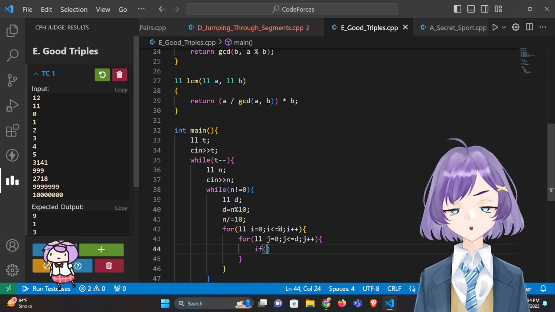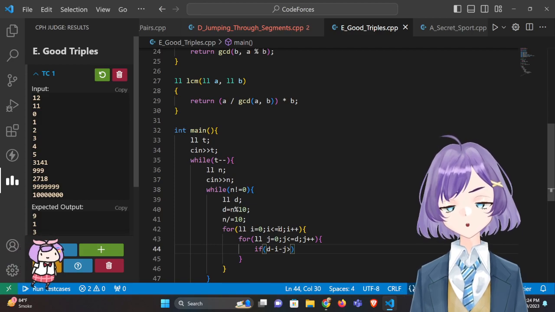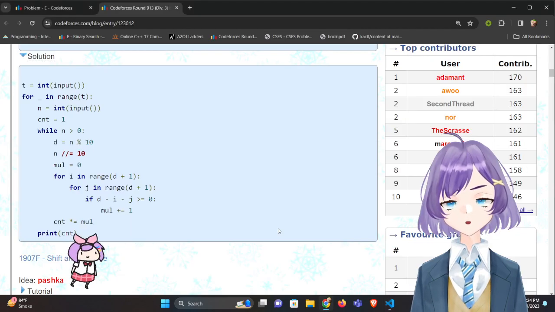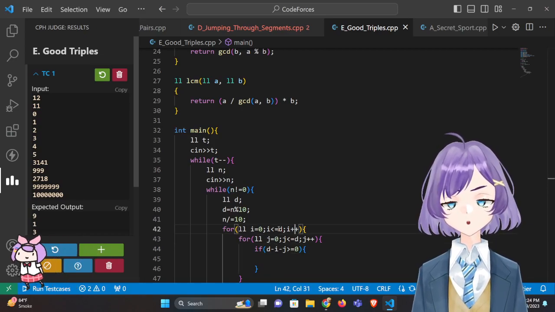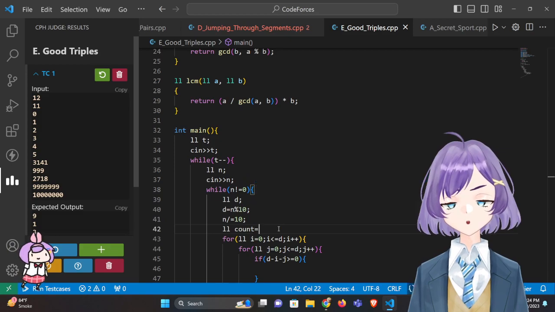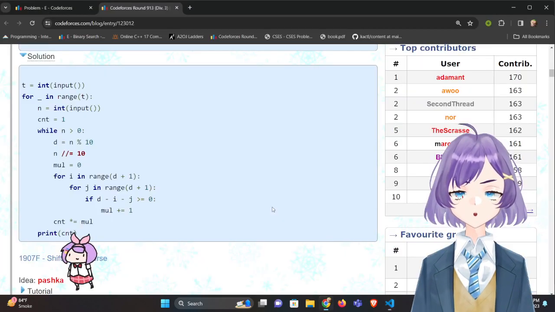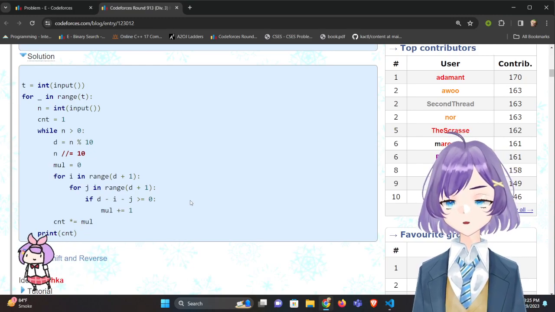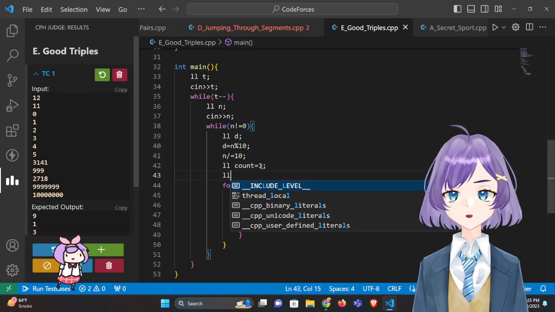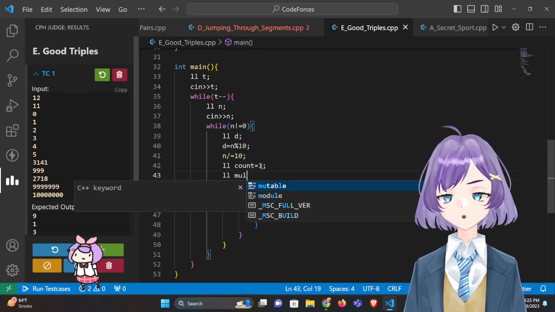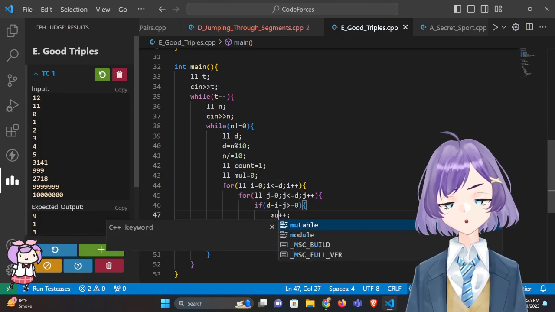If d minus i minus j is greater than 0, let's make long long count equals 0, count plus plus. Long long mul equals 0 and mul plus plus.